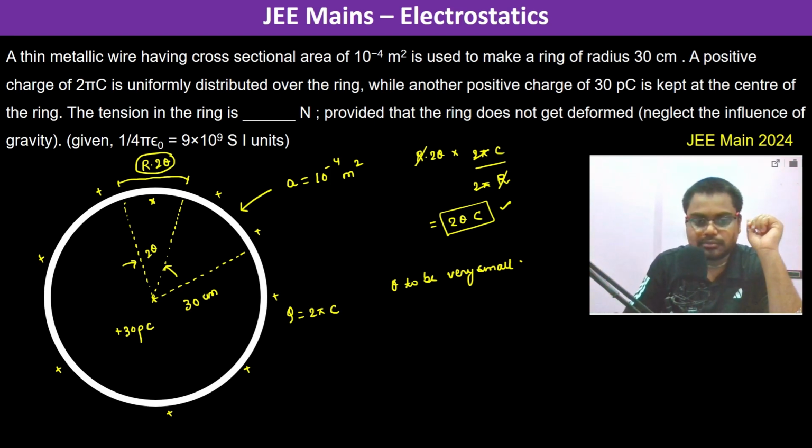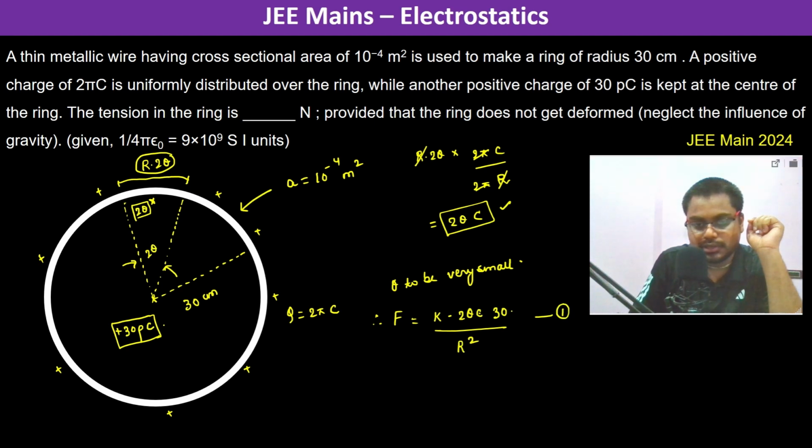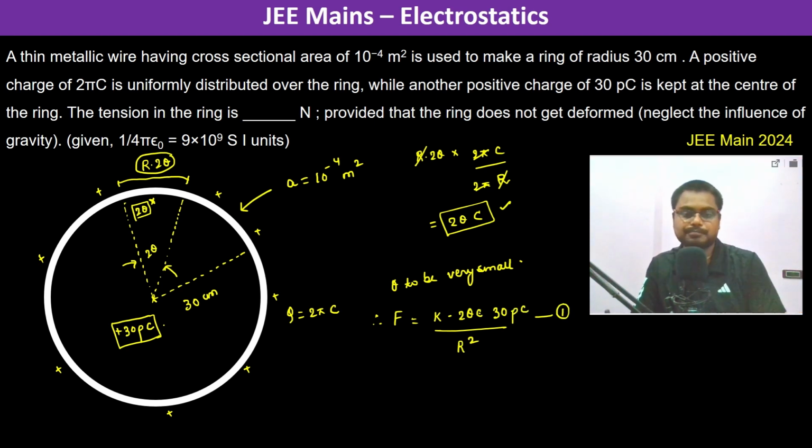So the force between the two charges is K into 2 theta coulomb into 30 picocoulomb divided by r square. Now the question is, what is the tension in the ring?